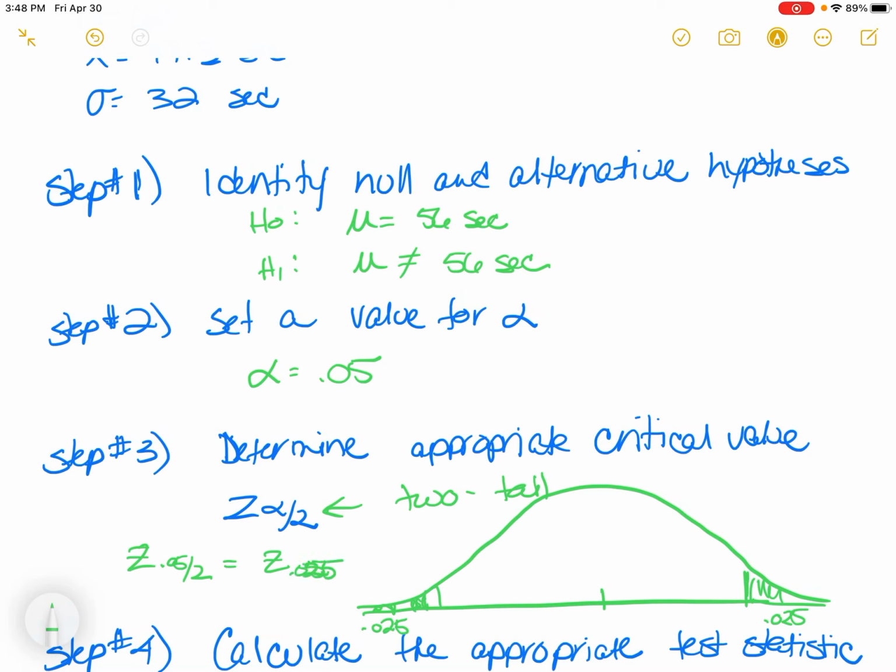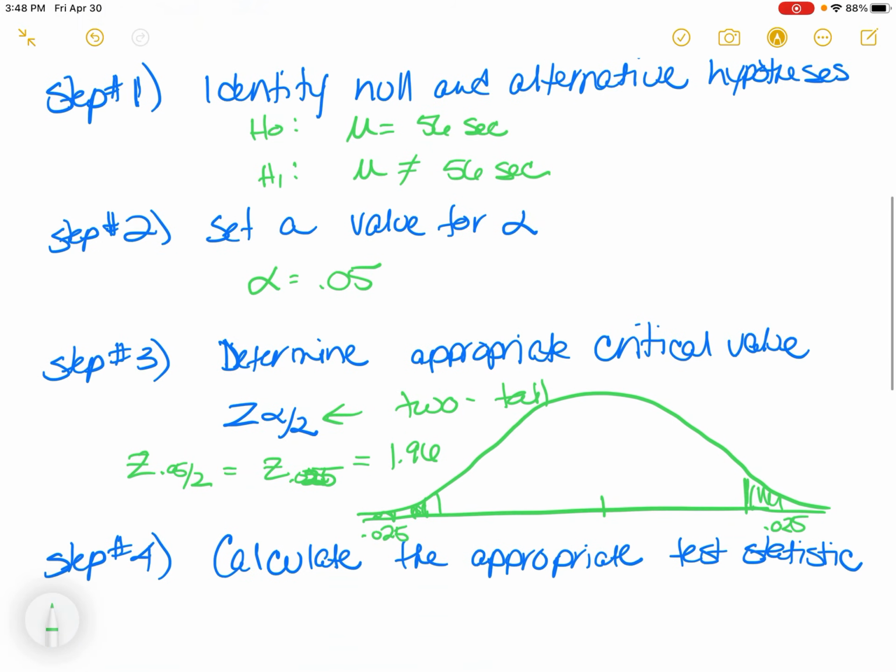If we look that up in the table, that is going to give us 1.96 for the appropriate critical value or z-score. So the z-score associated with 0.025 is 1.96, right?